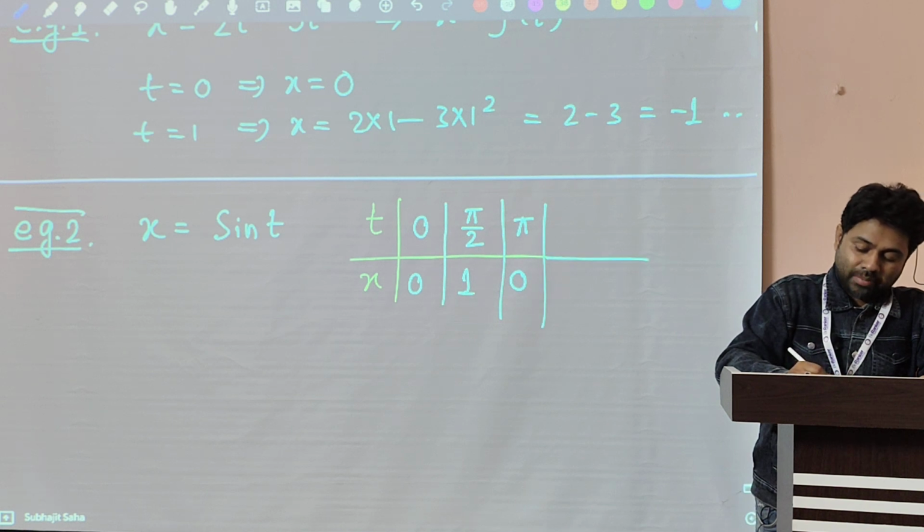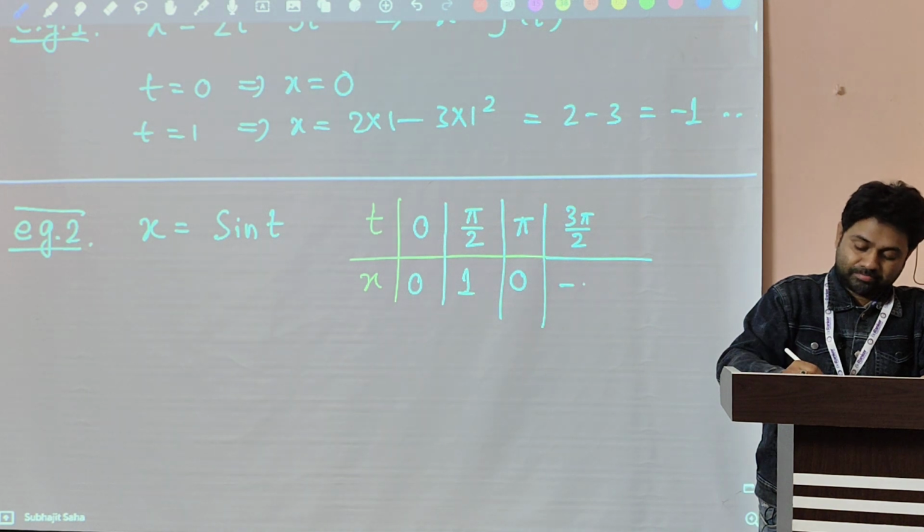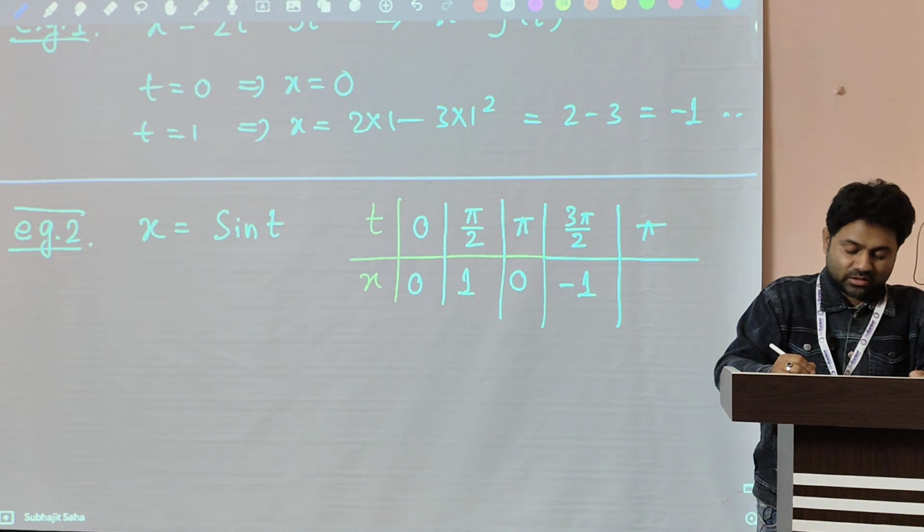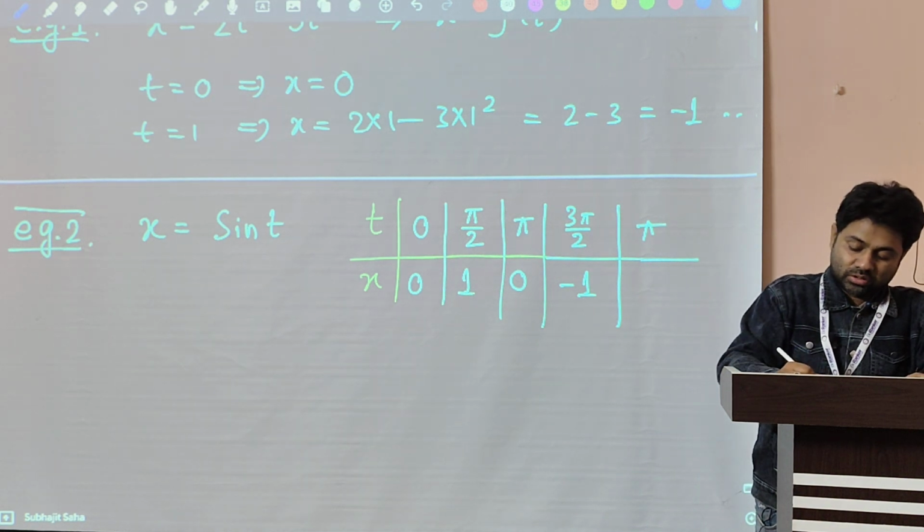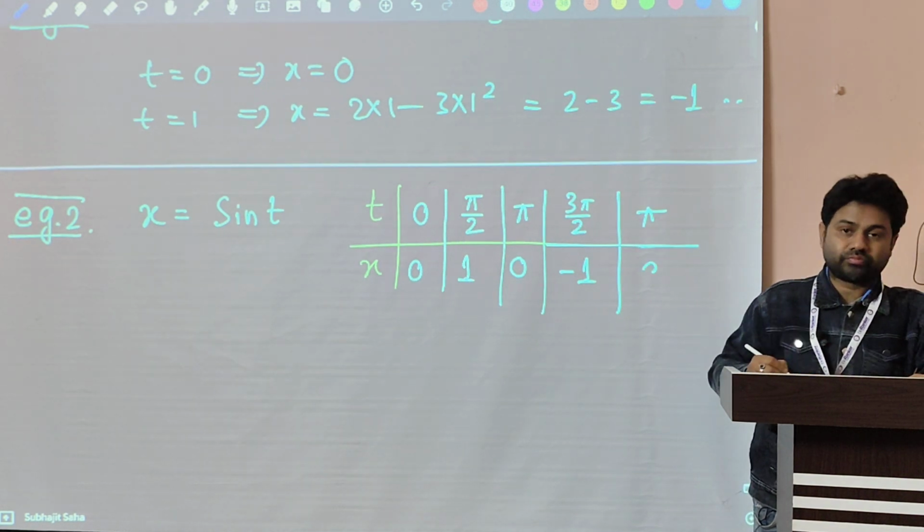t takes the value 3 pi by 2, sine has value -1, t takes the value 2 pi, x takes the value again 0.